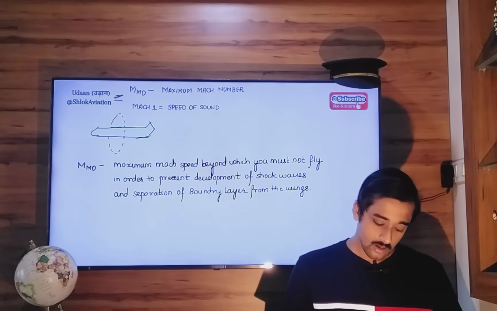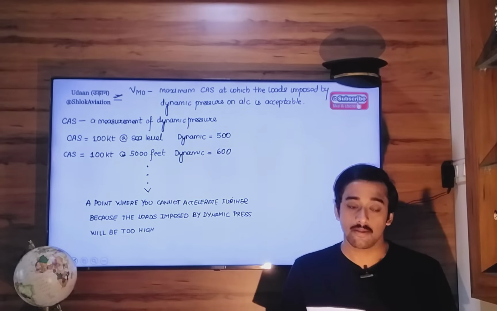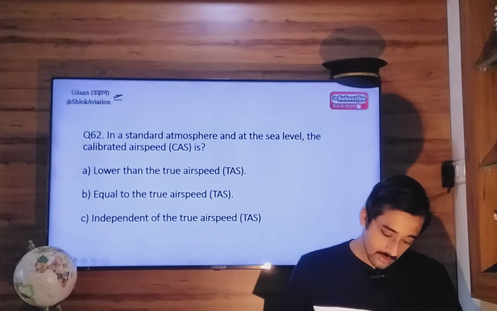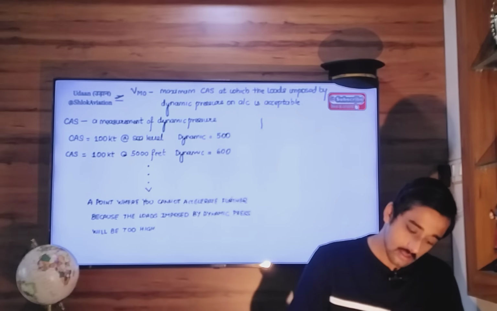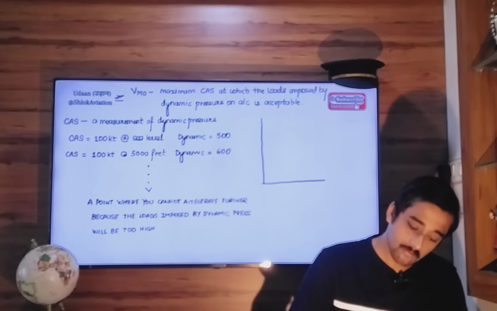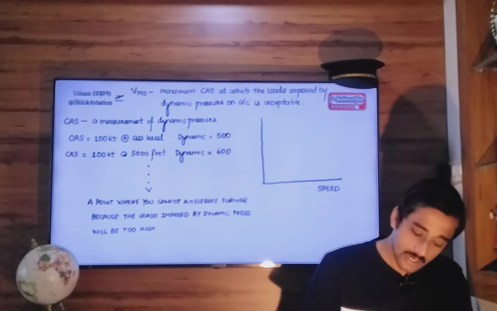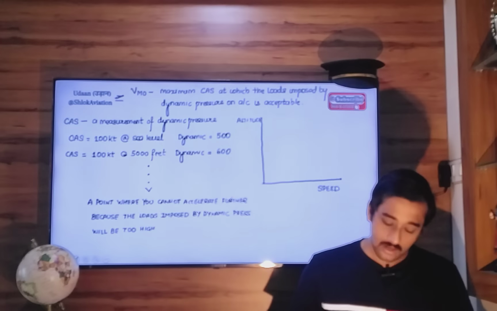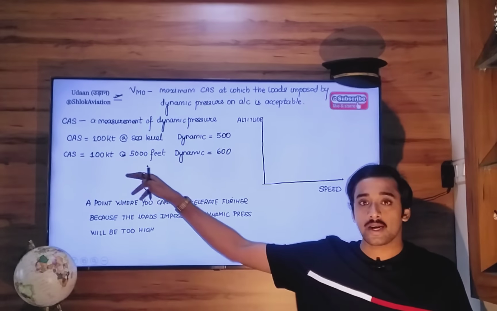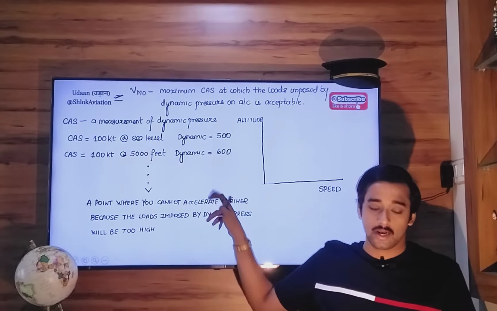Right? Now, between VMO and MMO, when does VMO apply? When does MMO apply? So remember, VMO, say this is your speed axis, this is your altitude axis. Now VMO, which is nothing but your calibrated airspeed, like I said, in order to maintain the same calibrated airspeed at higher altitudes, your dynamic pressure must increase 500, 600, 700, 800.